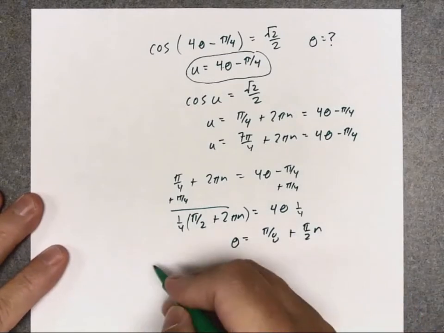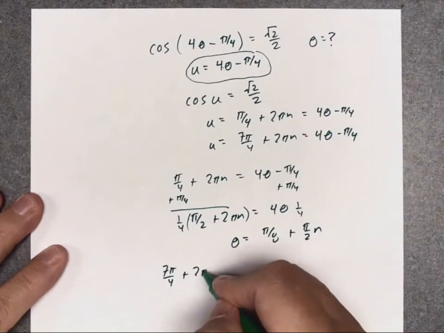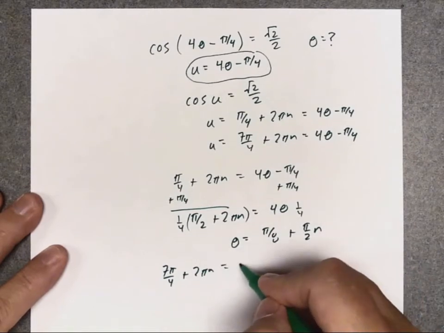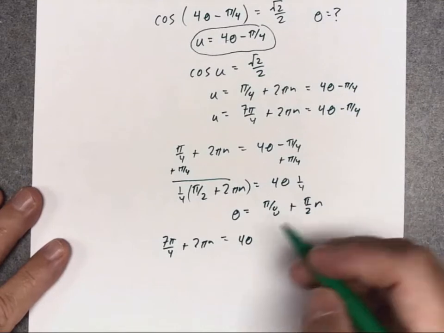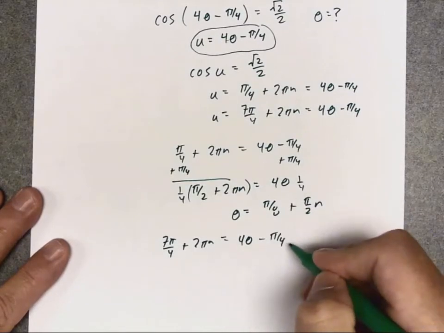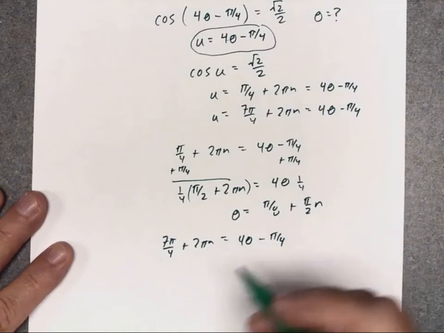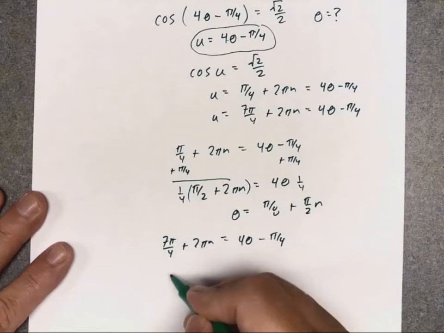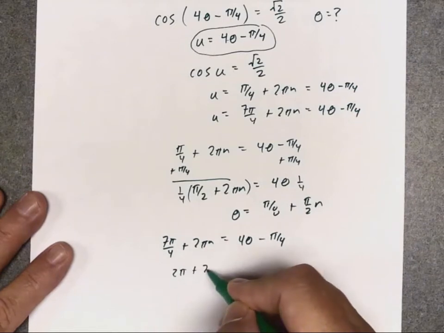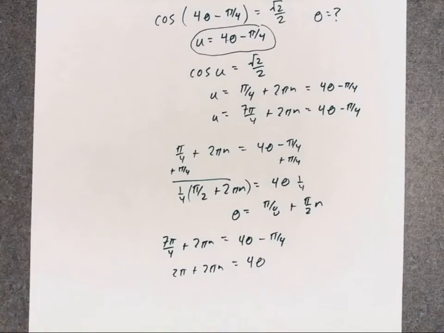So I have to do the same thing. I have to take 7 pi over 4 plus 2 pi n equals 4 theta minus pi over 4 and solve this equation for theta. So if I add pi over 4 to both sides, over here I get 8 pi over 4. Actually, I get 2 pi plus 2 pi n equals 4 theta.